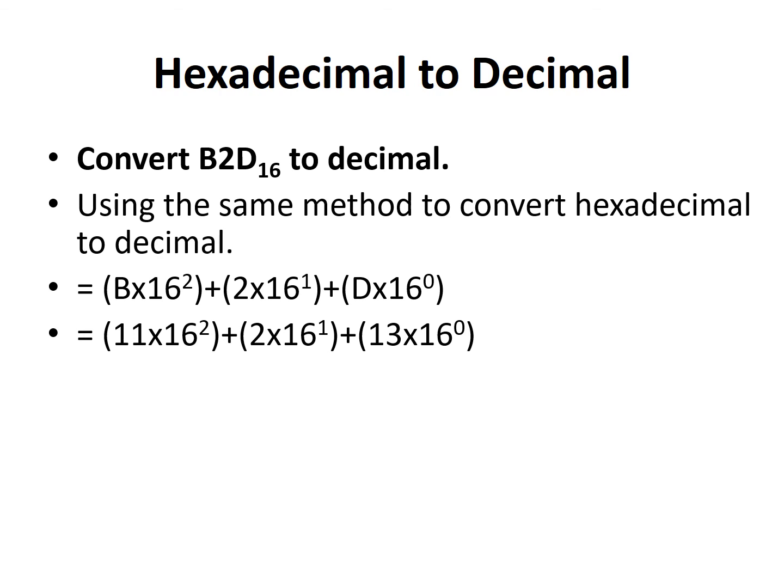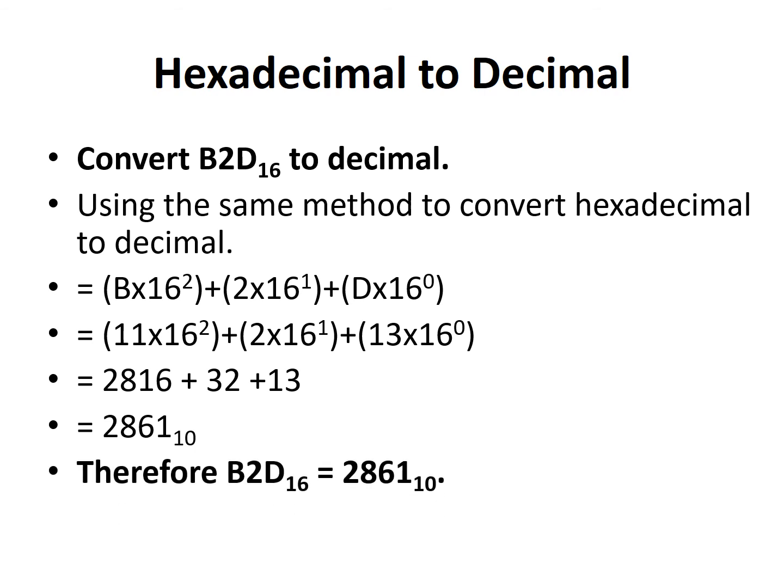So 11 into 16 square plus 2 into 16 power 1 plus 13 into 16 power 0. So 2816 plus 32 plus 13 is equal to 2861 base 10. So B2D base 16 is converted into decimal like this.